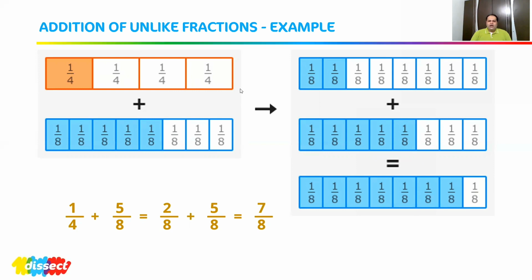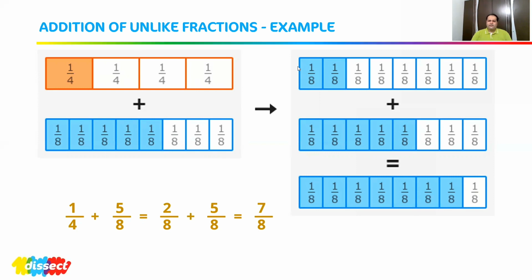So now what happens is I have 2 by 8 on one side and I have to add 5 by 8. Now this is a very simple question for addition of like fractions. It is simply 8 in the denominator and 2 plus 5, 7, in the numerator.